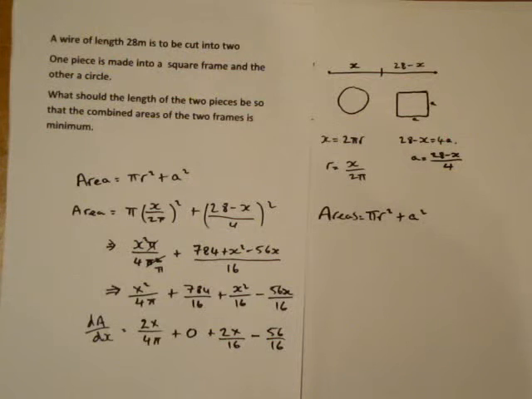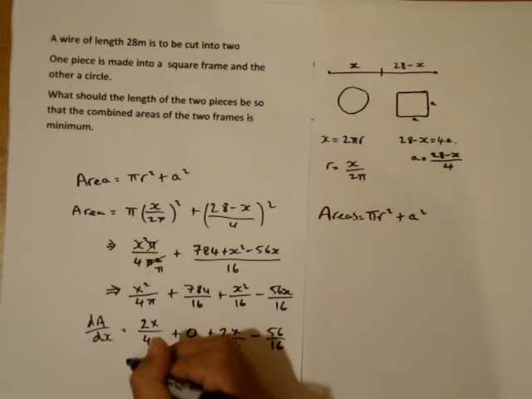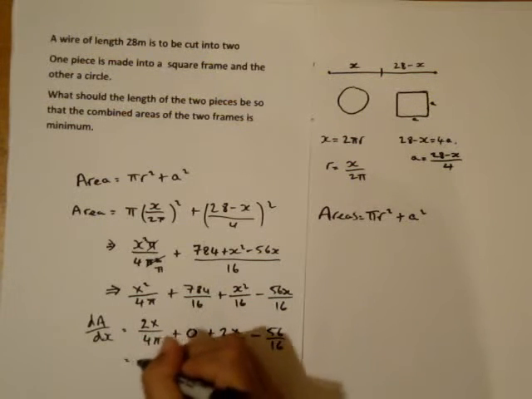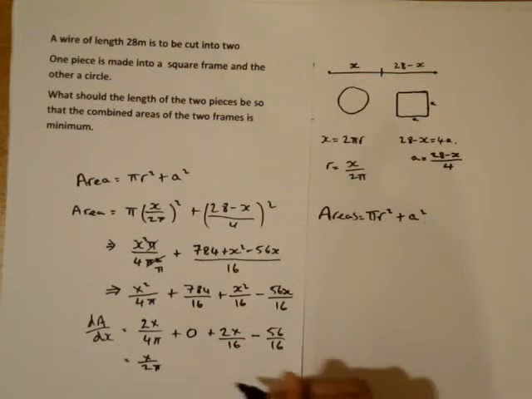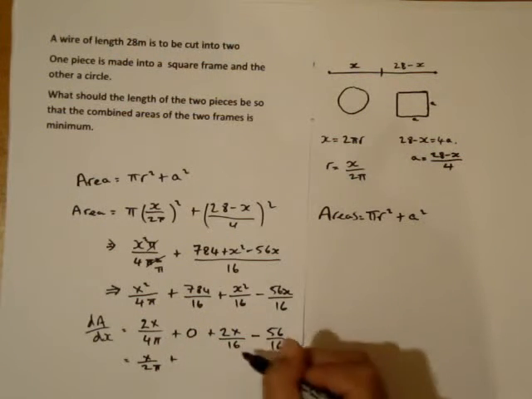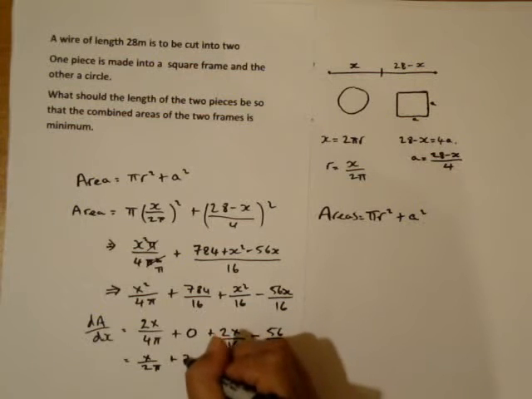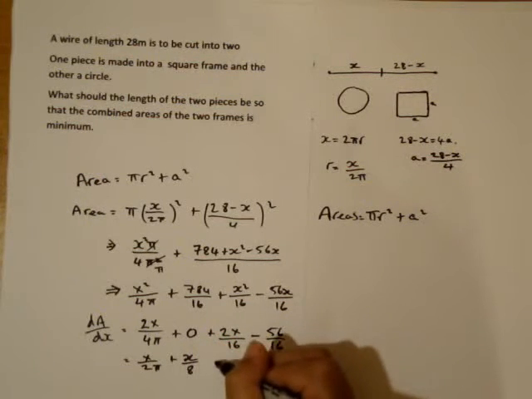So we can simplify this further. So we get x over 2 pi plus x over 8 minus 7 over 2.